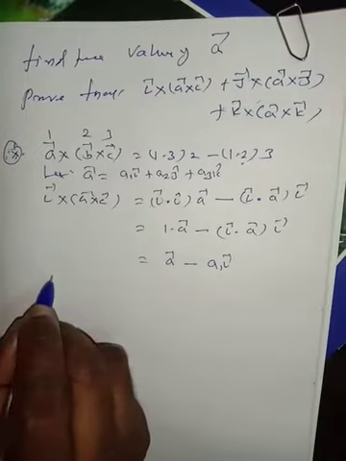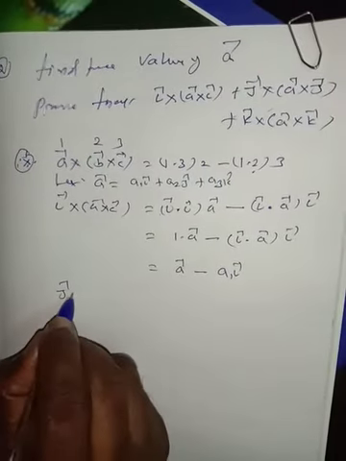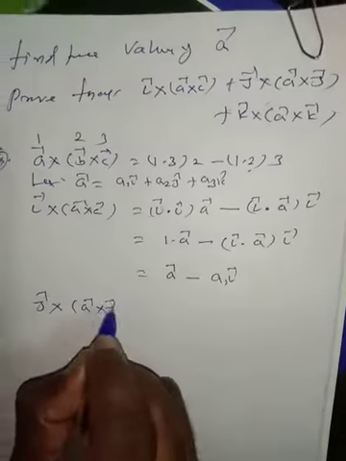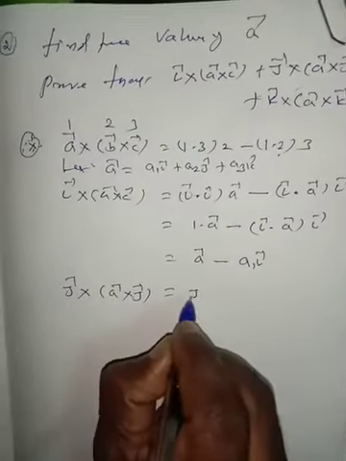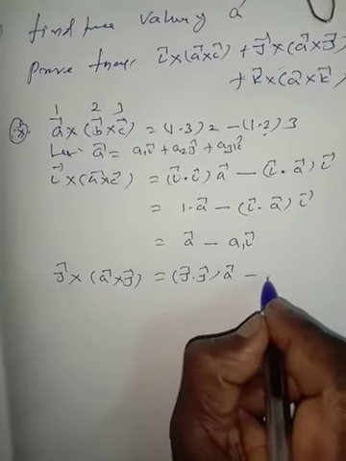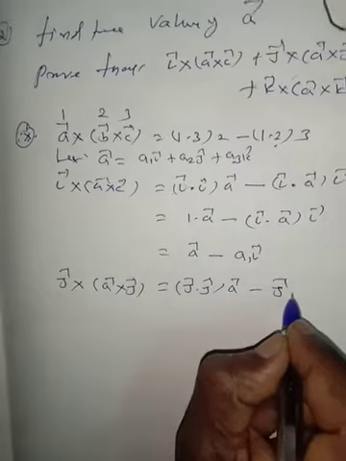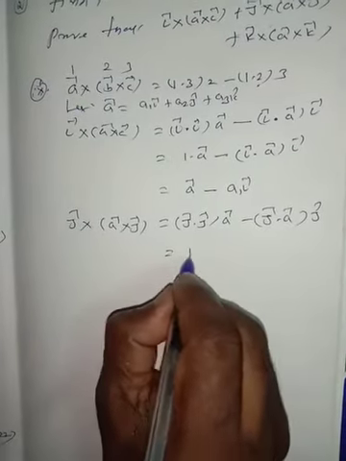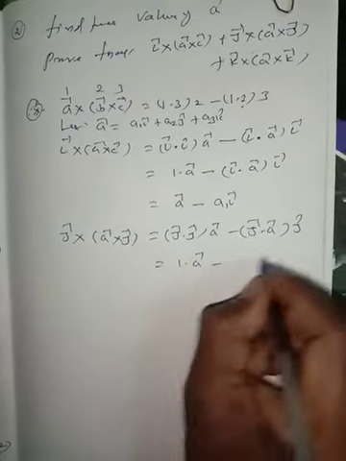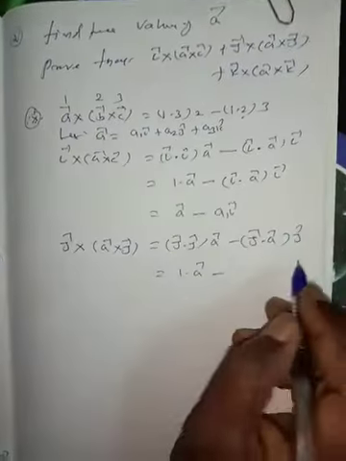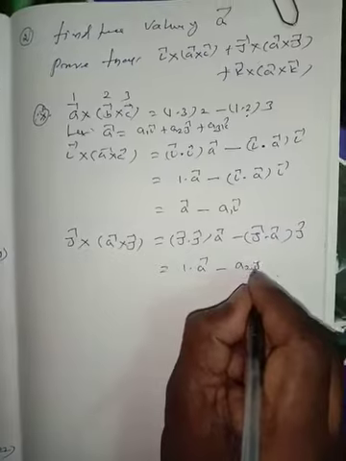Next, j vector cross (a vector cross j vector) is equal to (j dot j) of a vector minus (j dot a vector) of j vector. j dot j is 1, so a vector minus a2 j vector.